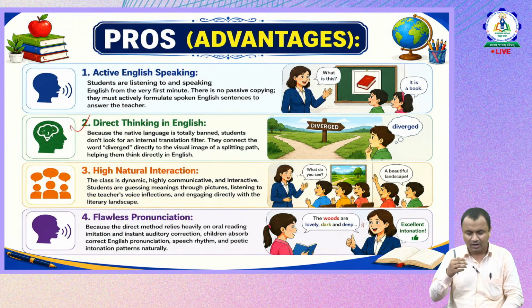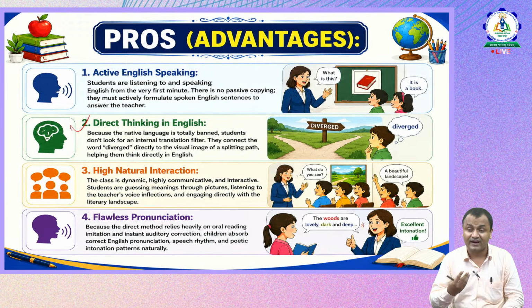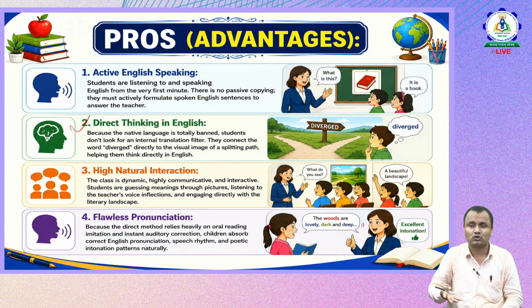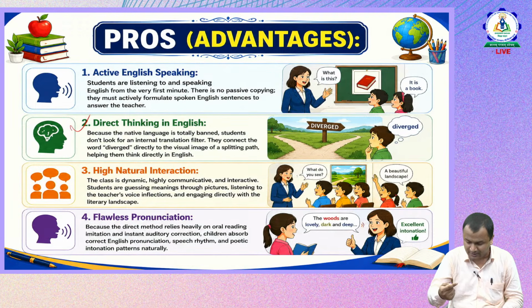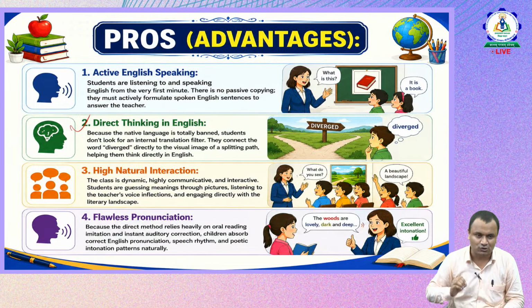So instead of translating, instead of thinking in Hindi, instead of trying to find the equivalent word or synonym in the mother tongue, the student will develop a habit of thinking in the target language directly. That's why this method is known as direct method. So we develop the habit in the student to think in the target language only.